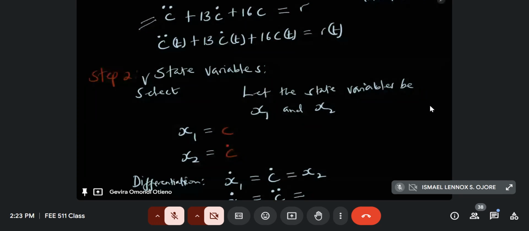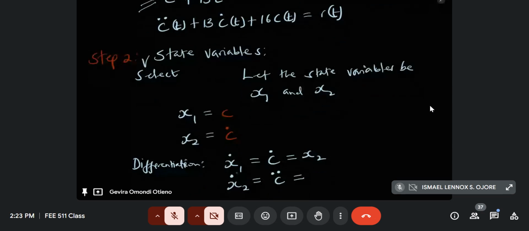And of course, the input, R. The input for our case here is R. But we don't want to use C. We want to use x1 and x2. Those are our choices of state variables. So that's why the first derivative of x1 has already been written in terms of x2, so we can use that. Then the second one, getting the derivative of x2, it's the double derivative of C.